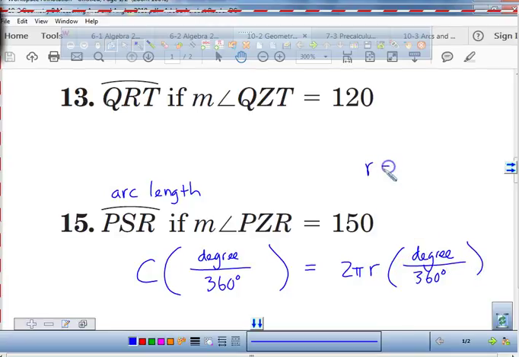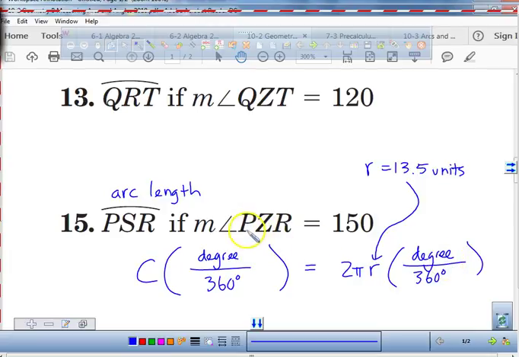Now, by the way, we know our radius. What is it equal to? How many units? That's right, 13.5. So 13.5 is going to get plugged in right there. Now all we need to find is the degree.